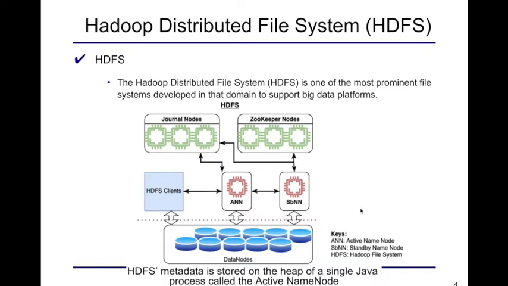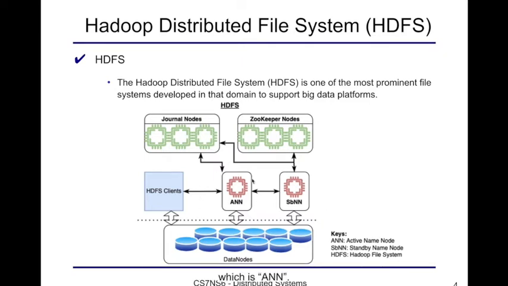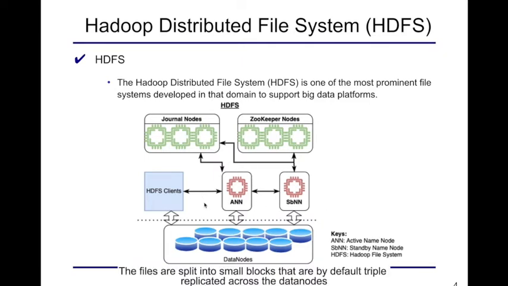HDFS metadata is stored on the heap of a single Java process called the active name node, also called ANN. The files are split into small blocks that are by default triple replicated across the data nodes.